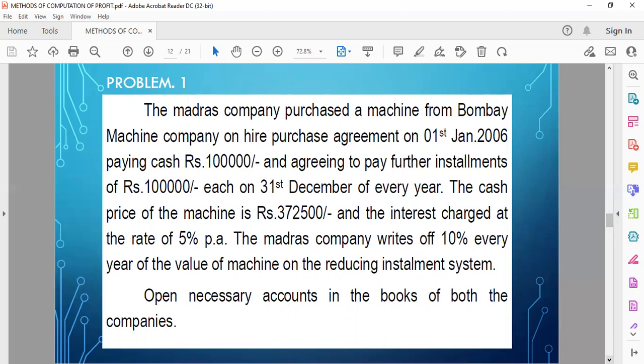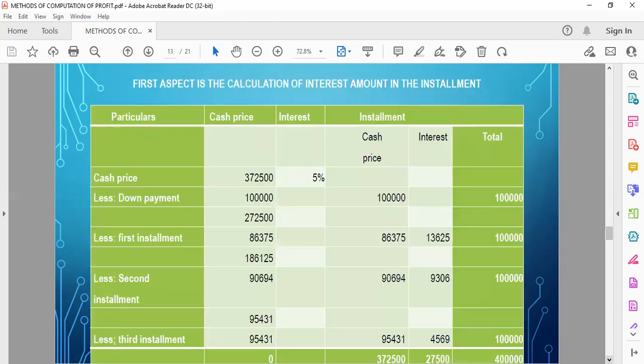The cash price of the machine is rupees 3,72,500 and the interest is charged at the rate of 5% per annum. The Madras company writes off 10% every year of the value of machine on the reducing installment system. Open necessary accounts in the books of both the companies.